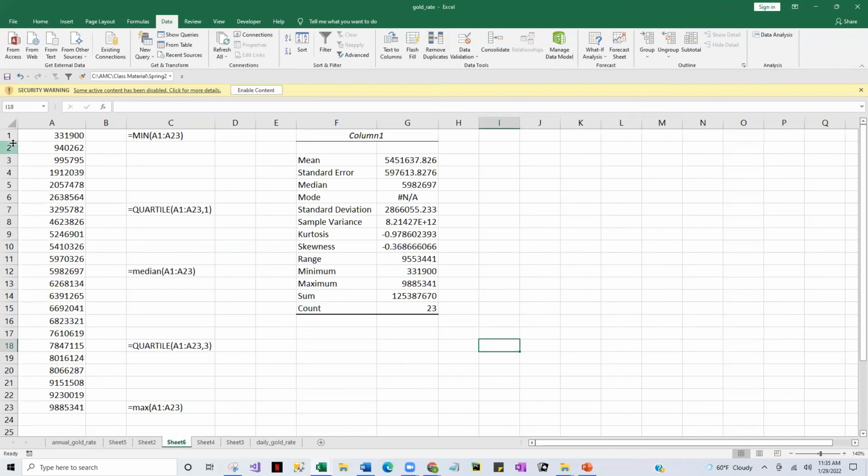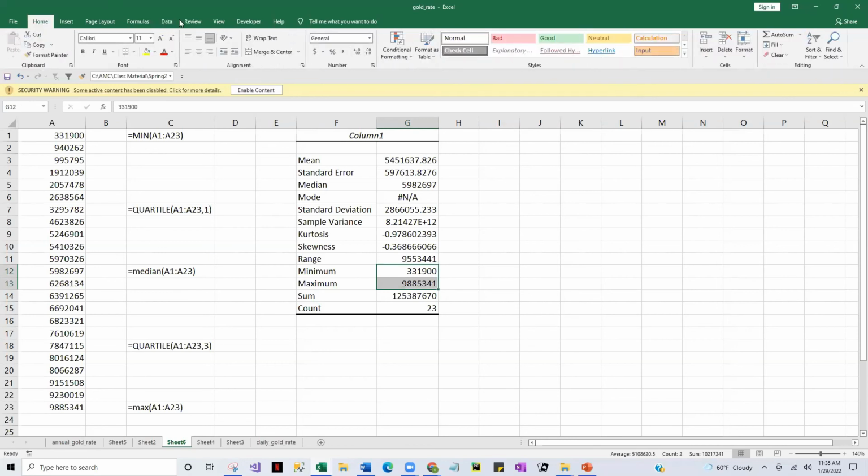So for the histogram, when you know the descriptive statistics, you know the minimum and max. Now if you look at that, I have 300,000 and my maximum value is 9 million, right?